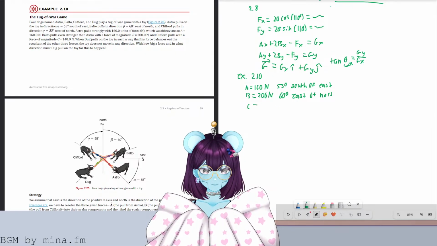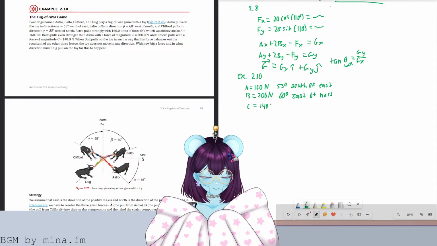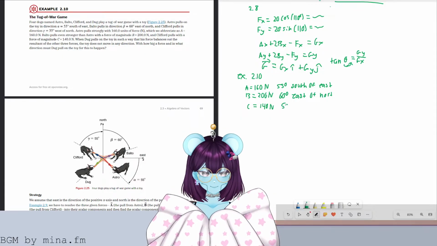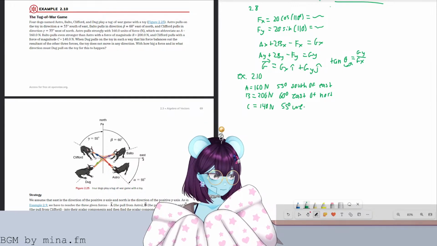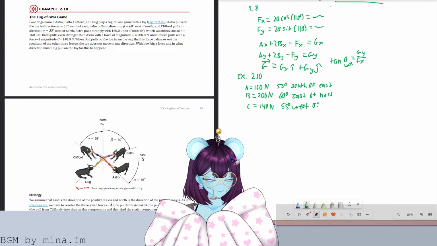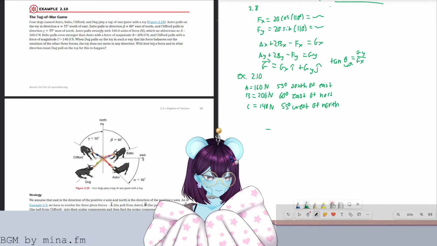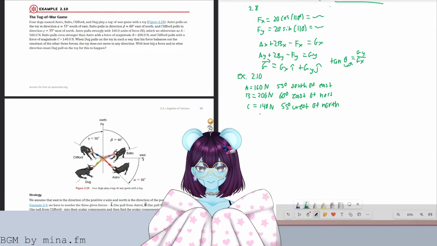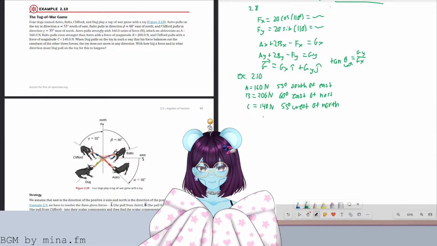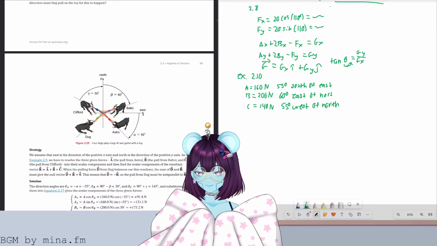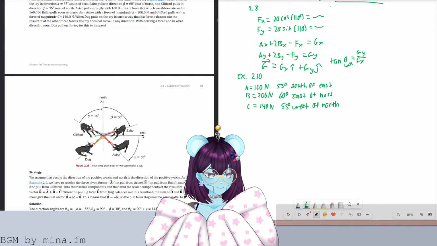Clifford, 140 N with 55 degrees west of north. How big a force in what direction must Doug pull on the toy for this to happen? So I guess we don't know what D is.